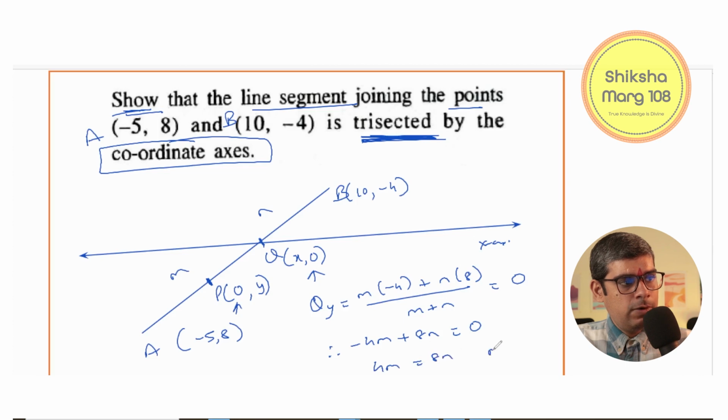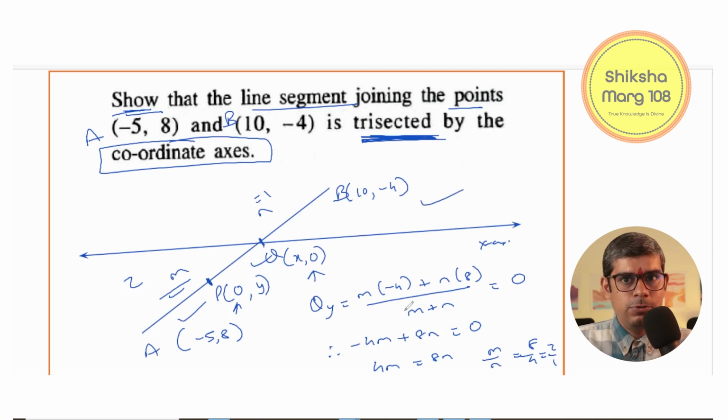So m over n is 8 over 4, which is 2:1. So m is definitely 2, which we wanted, and n is 1, which we also wanted. So point P and point Q are definitely trisecting the line segment AB. I hope that's making sense to you. Whew, quite an interesting sum this.